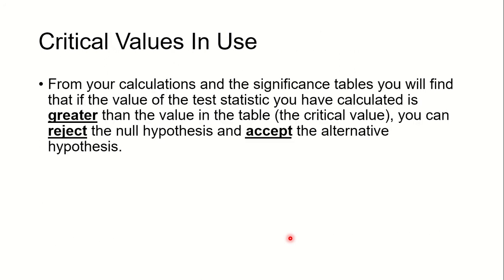So, how do we use these critical values? From your calculations and from the critical value table, you will find if the value of the test statistic you've calculated is greater than the value in the table. That's known as the critical value.